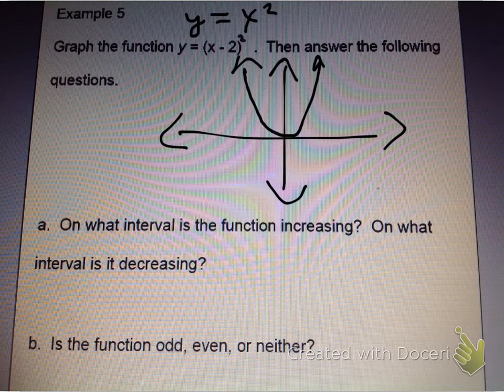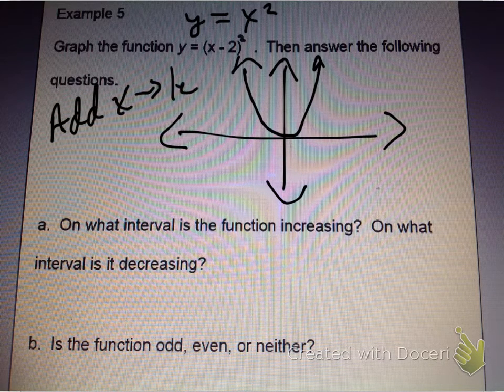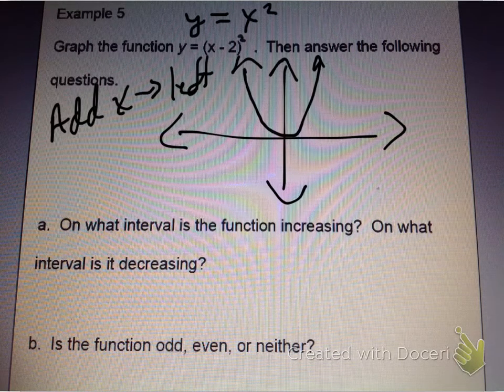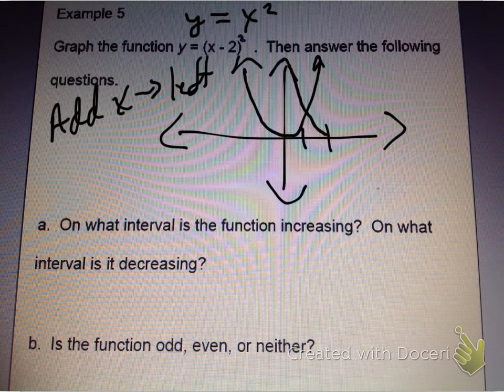Now, we are subtracting from the x. We know when we add to the x, we go left. Well, we're subtracting, so we're going to go to the right. The result is a horizontal translation 2 units to the right.